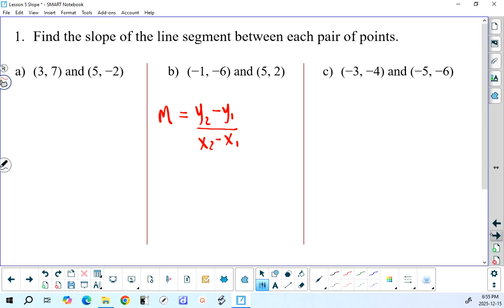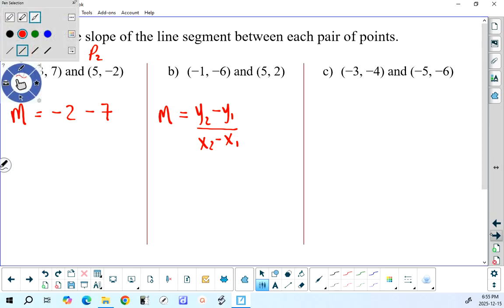Well, let's imagine that this is point 1, and this is the second point, point 2. I'm not using P and Q, I'm using P1 and P2. What y2 minus y1 means is I take -2, which is the y-coordinate of the second point, and I subtract 7, which is the y-coordinate of the first point.